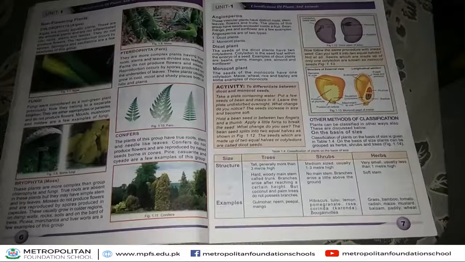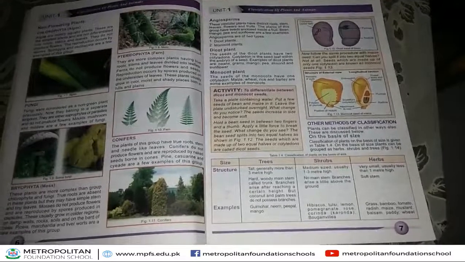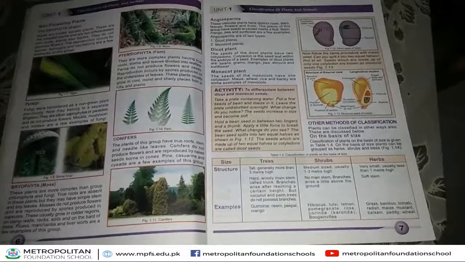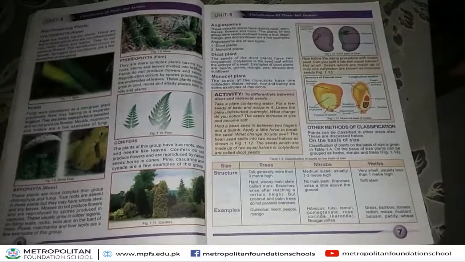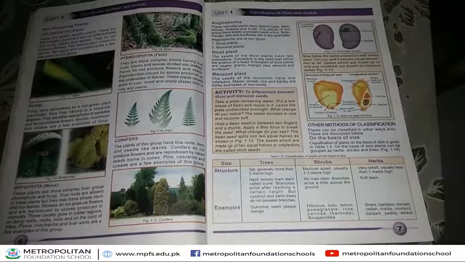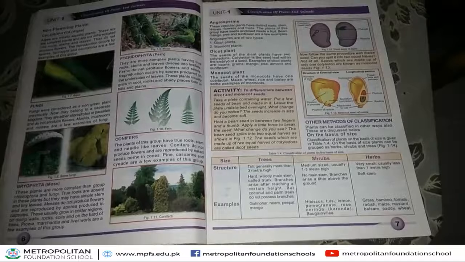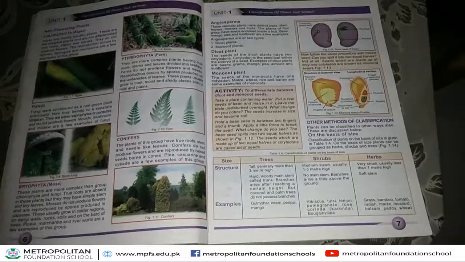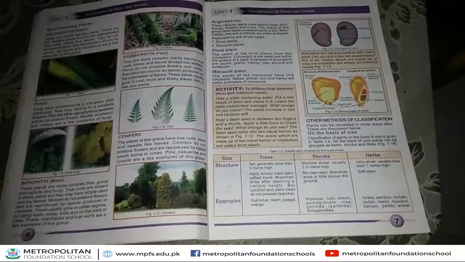Fungi are basically saprophytes and parasites. What are saprophytes and parasites? Saprophytes are those organisms which feed on dead organic matter. Such organisms are called saprophytes.